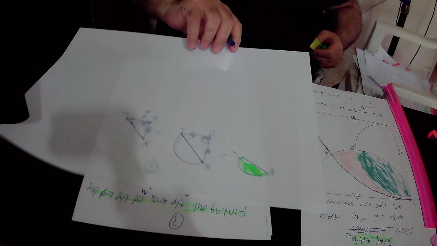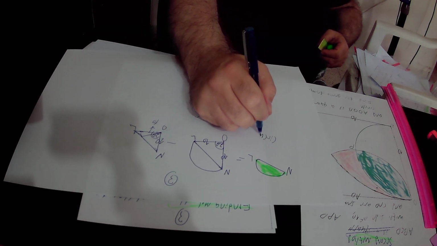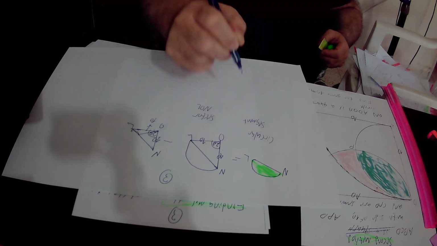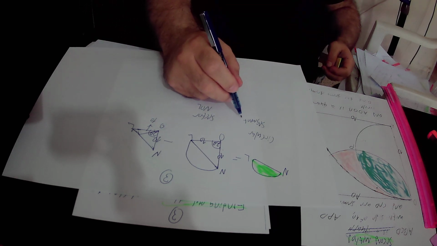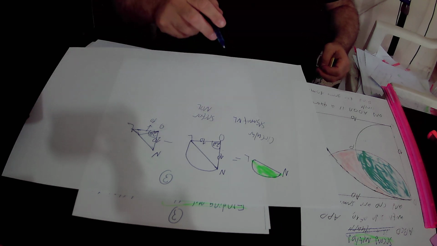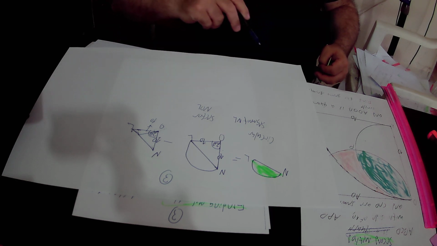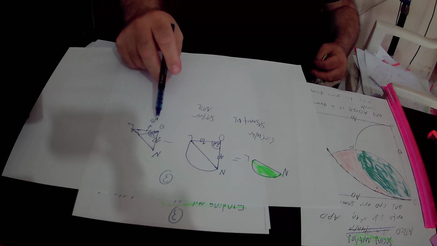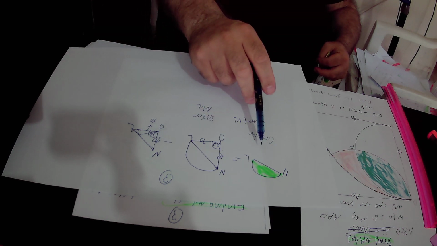I repeat again. The area of circular segment NL will be equal to the area of sector NOL minus the area of triangle NOL. It is very easy to see from the drawing that if you subtract the area of triangle NOL from the area of sector NOL, you will get exactly the area of circular segment NL.